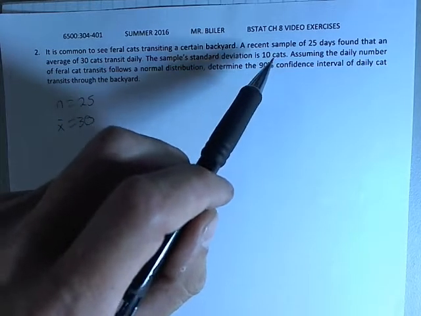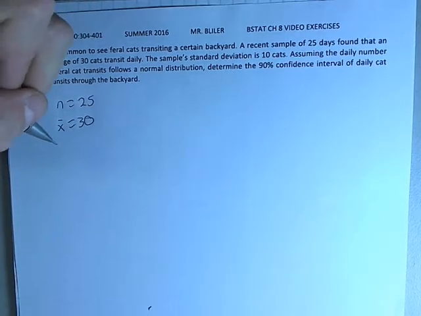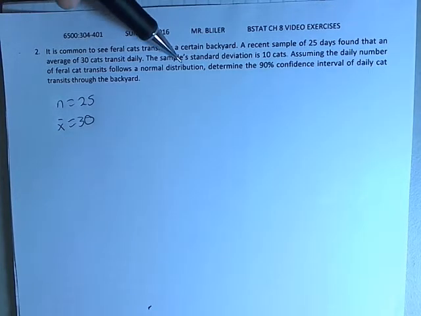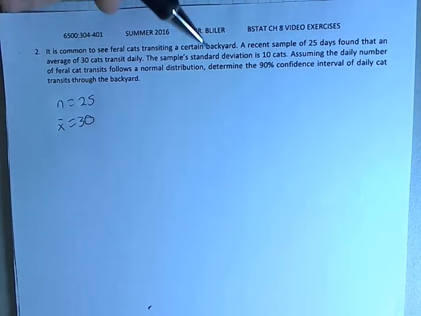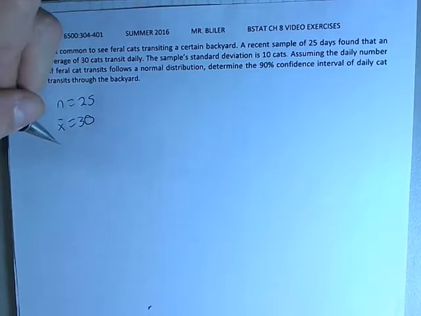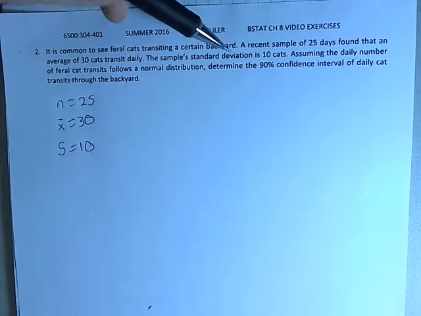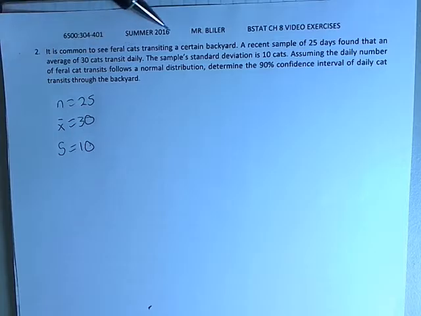The sample's standard deviation is 10 cats. So here, this standard deviation explicitly refers back to this sample, so therefore we know that that is a sample standard deviation as opposed to being the population standard deviation, which would be every day that has been in that backyard, how many cats have gone through it.